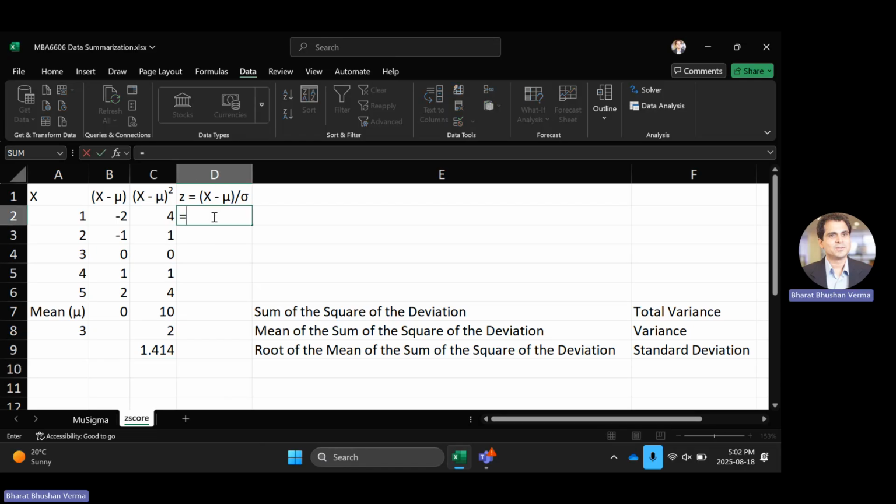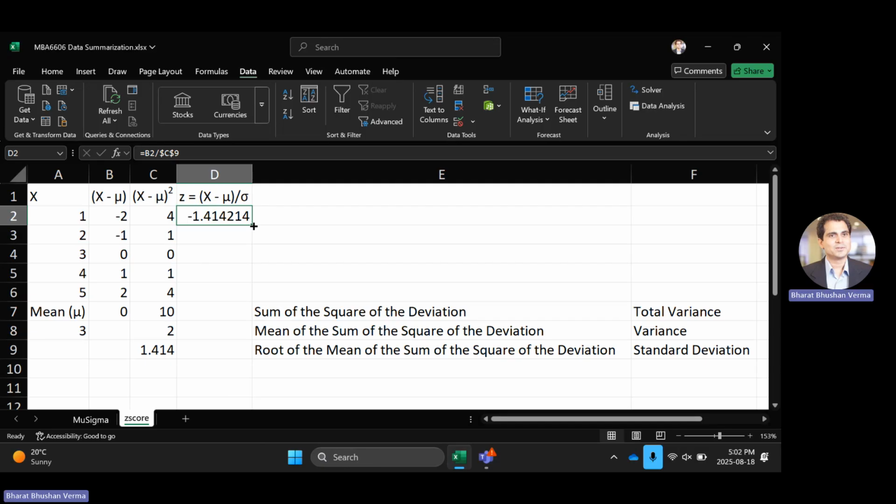So what we do is x minus mu divided by sigma. That tells us that 1 is minus 1.414 standard deviations away from the mean 3.